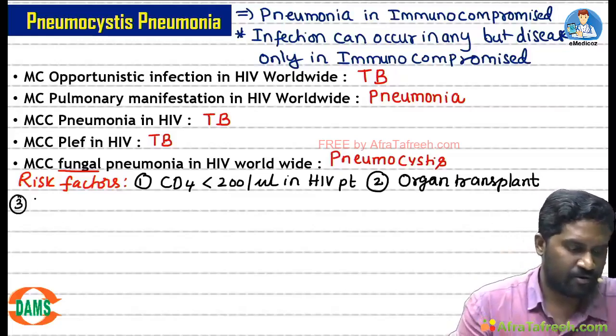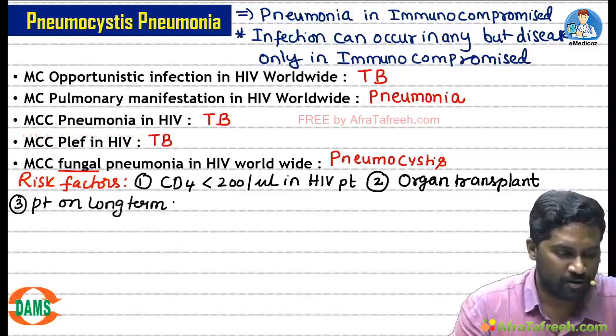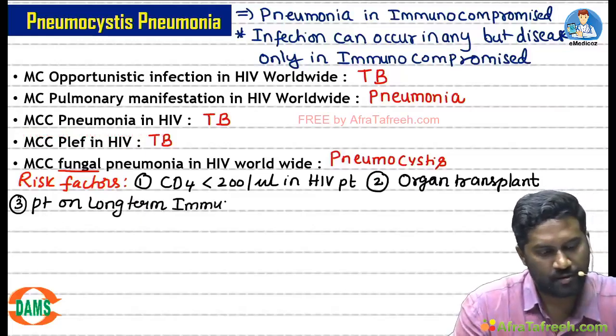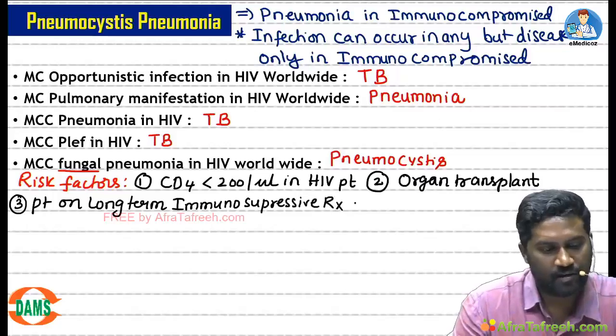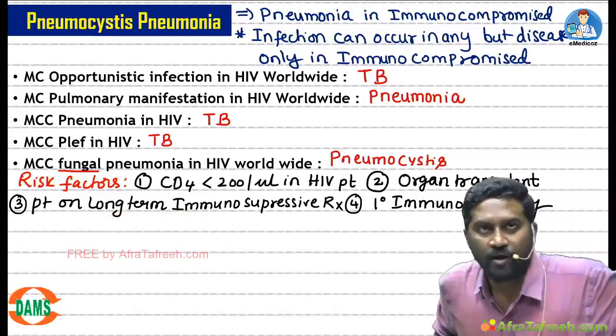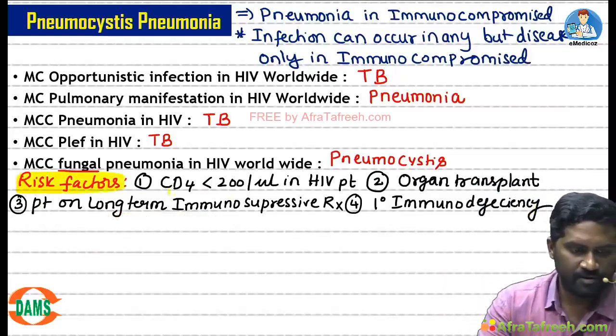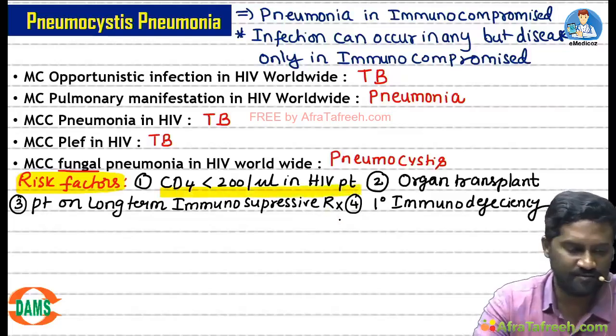Then patients on long-term immunosuppressive therapy, they might be on steroids, they might be on chemotherapy. And patients with other primary immunodeficiency syndromes. Out of all these risk factors, the most important is CD4 count less than 200 per microliter in an HIV patient.